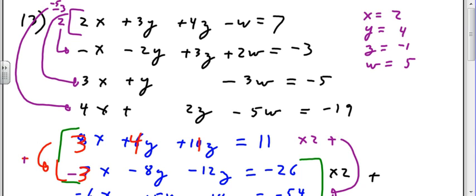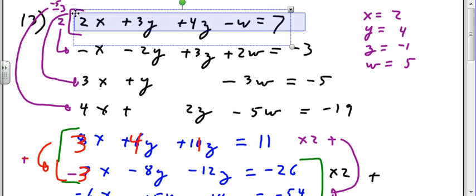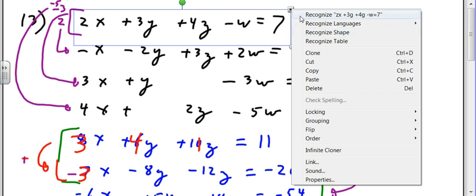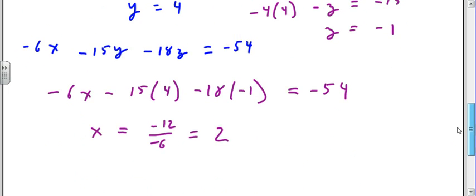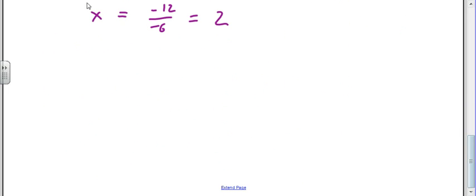So now we'll go and find out what w is. We'll come and get this equation because it has a w by itself. Copy. Come on down to the bottom. Put it down here.